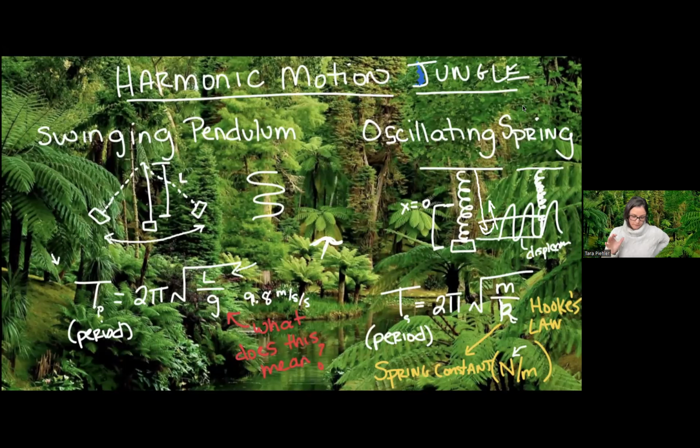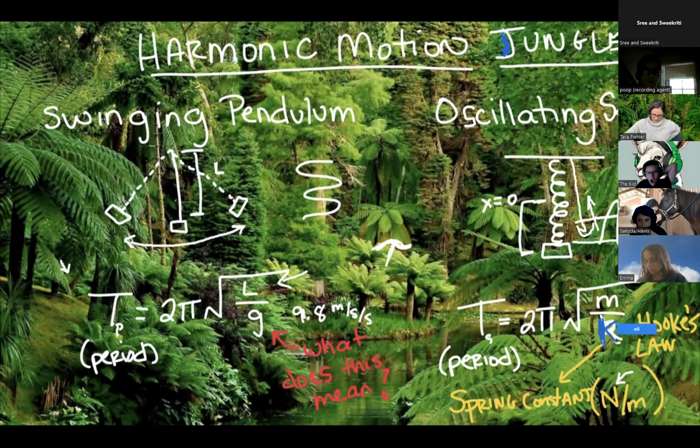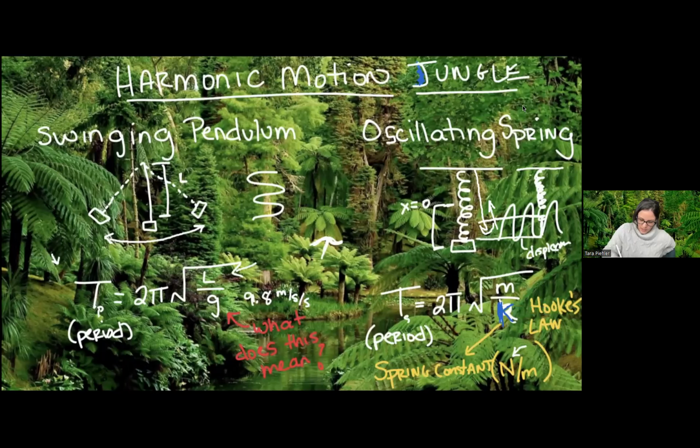Okay, so to figure out k is Hooke's law. I'll give you that. The spring constant equation is going to be force equals k times x, where x is now the displacement length.